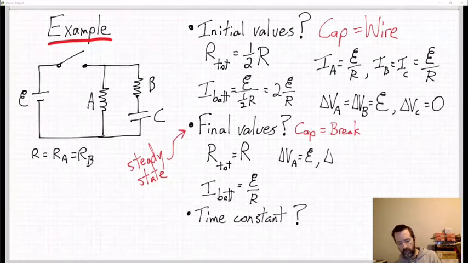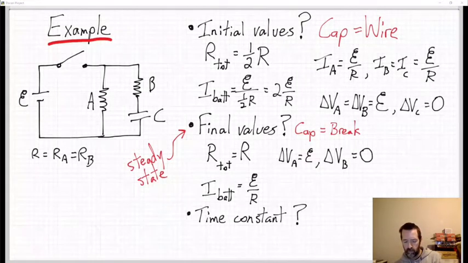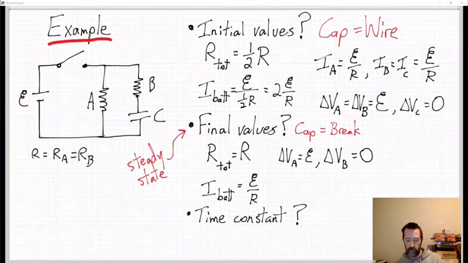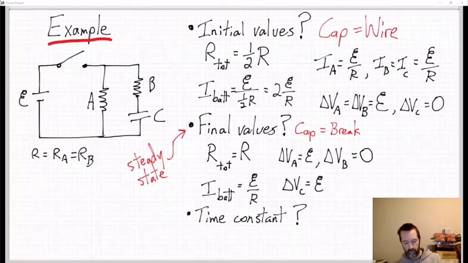Delta V for resistor B is going to be 0, because there's no current flowing through resistor B. And delta V for the capacitor is going to be E, because the capacitor is full.